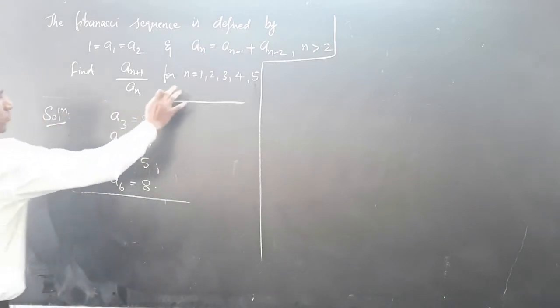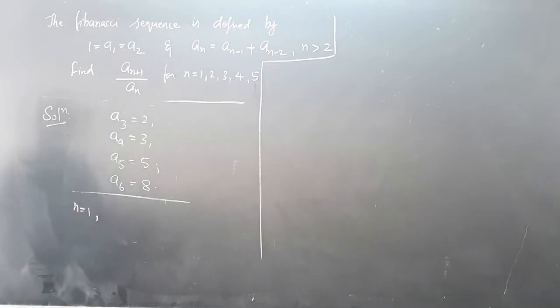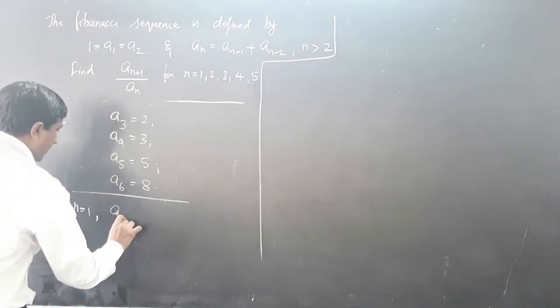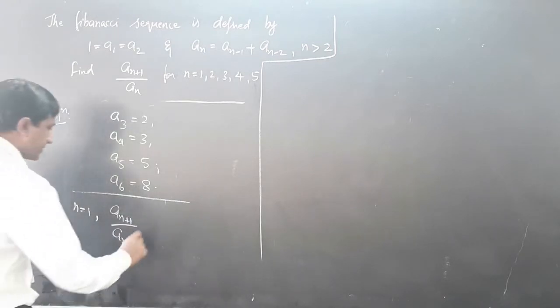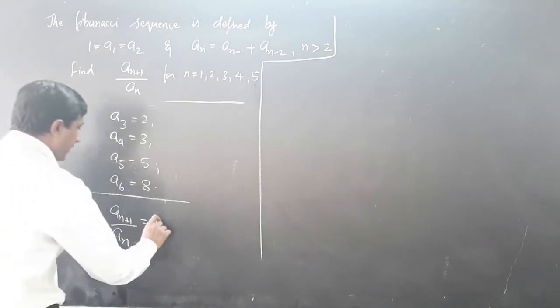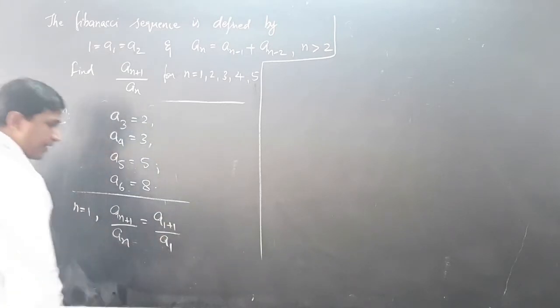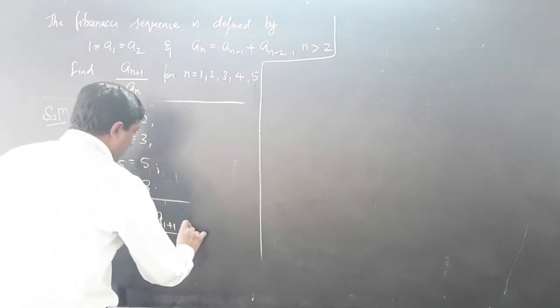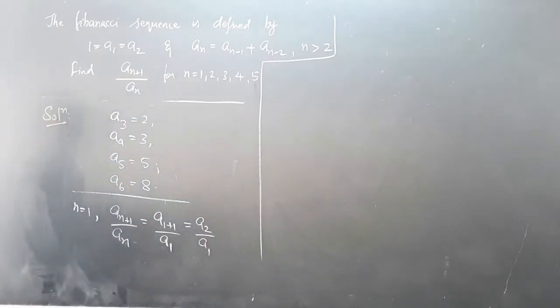When n equals 1, AN plus 1 by AN is nothing but A1 plus 1 by A1, which is A2 by A1.